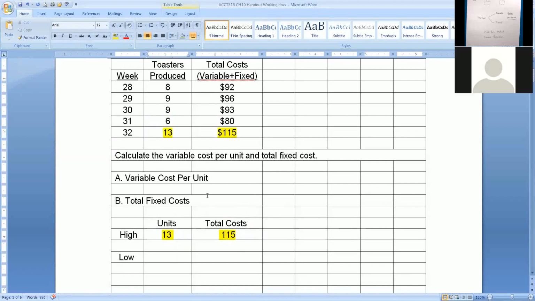And the low was 6. Let's make that one green.